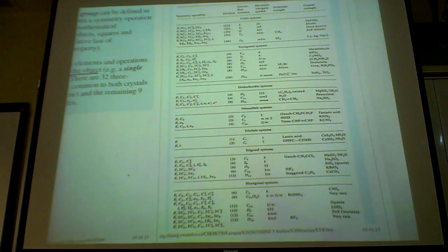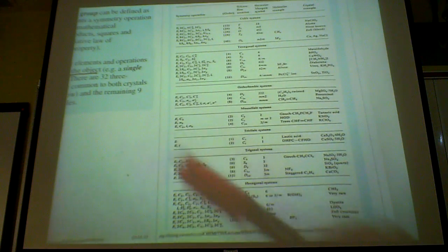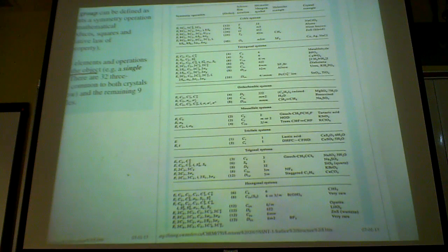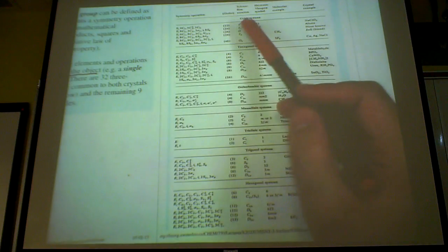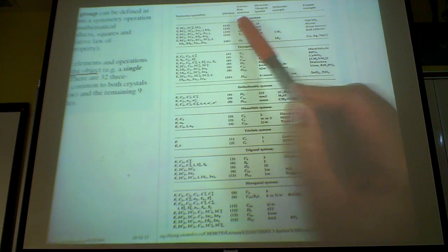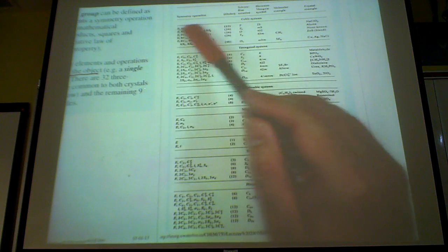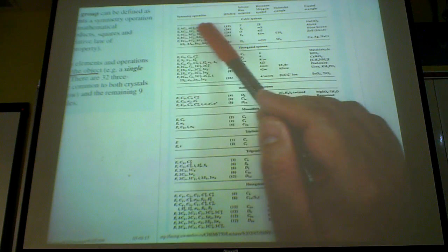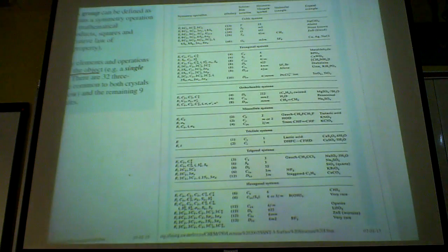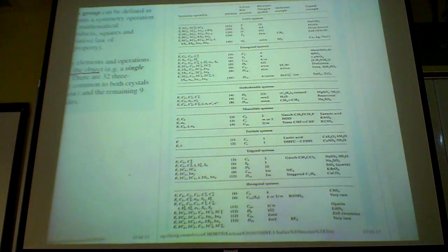That's C1. And so it's essentially just one symmetry operation, just to identify that. And then, of course, this point group T has several operations or elements within that group that make up this group.